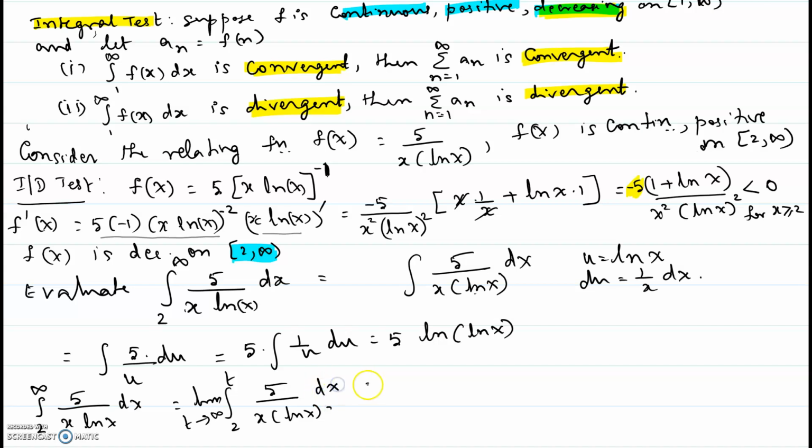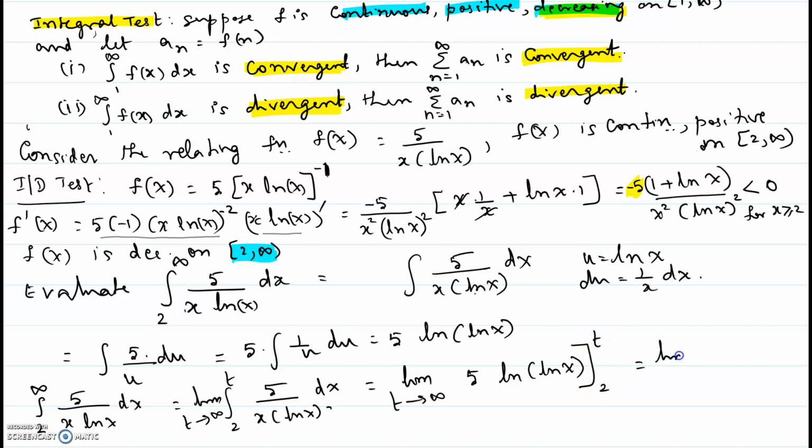That's the way we do the improper integral. Now we found that this integral is 5 times ln of ln x between the limits 2 and t.